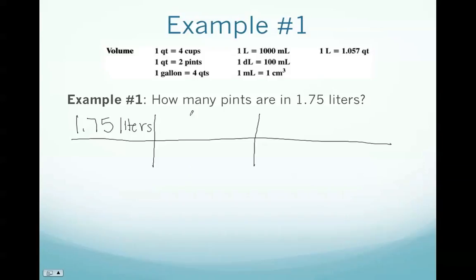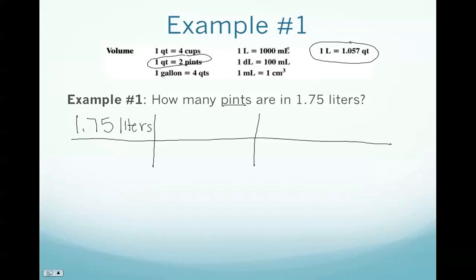In this section here, I have to have two values that are equal to each other. If I start with liters, I have to put liters in the bottom. So when I look up here, there's a couple different ways you could solve these. I'm going to look to be using my 1 liter in quarts. And by getting to quarts, I can then relate to pints, which is what I'm trying to get to.